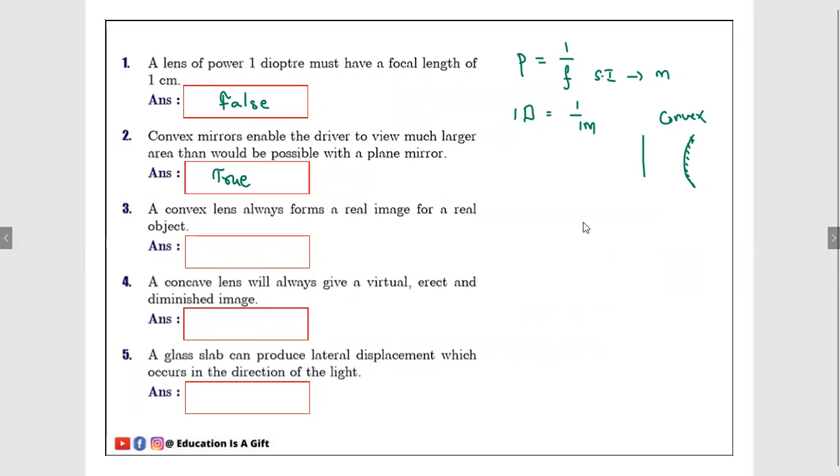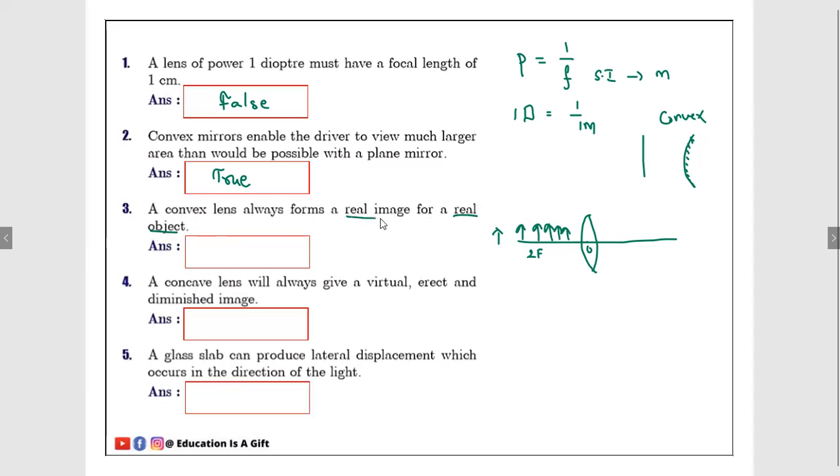Number three: a convex lens always forms a real image for a real object. They are talking about a convex lens, and there are 6 positions for a convex lens: at infinity, beyond C, at C, between C and F, at F, and between F and O. All these positions are real, and they are asking for real objects.